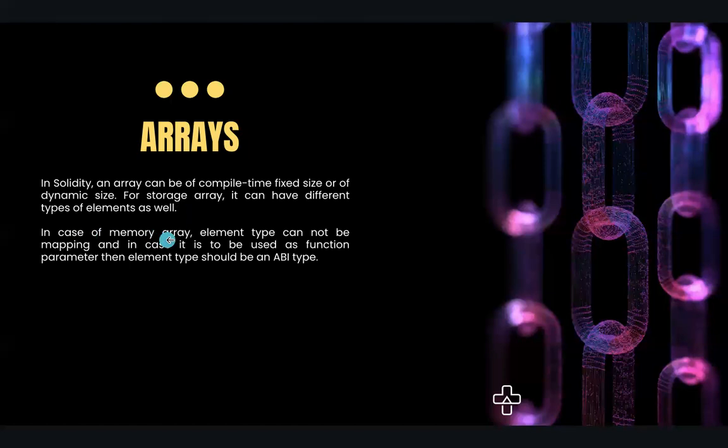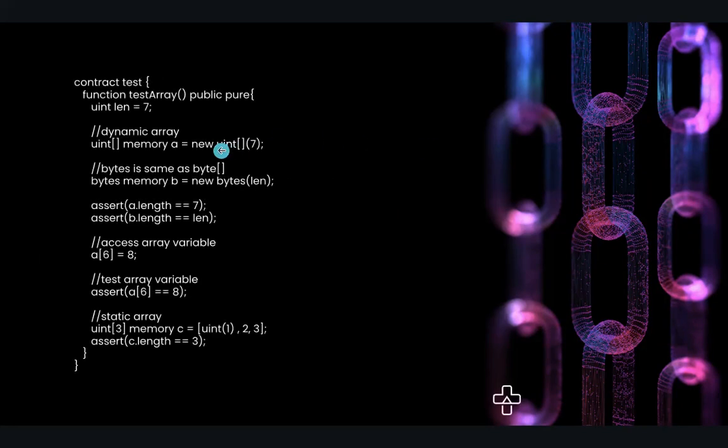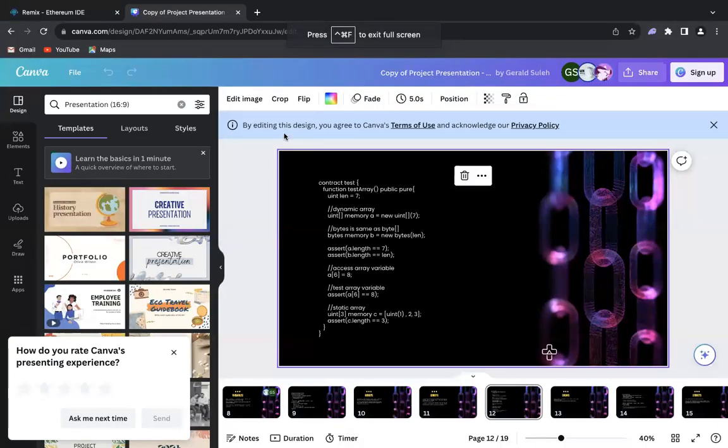In case of memory array, element type cannot be mapping, and in case it is to be used as a function parameter, then element type should be an ABI type. I think you will understand this better when we run this code, so it will not look like I'm speaking a lot of English language. So let's see what the code has in store for us.